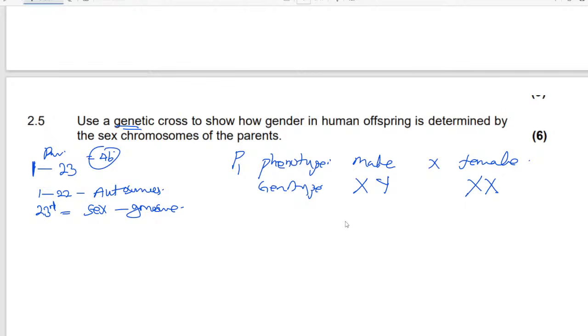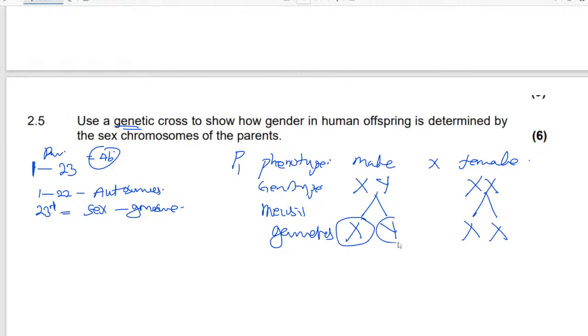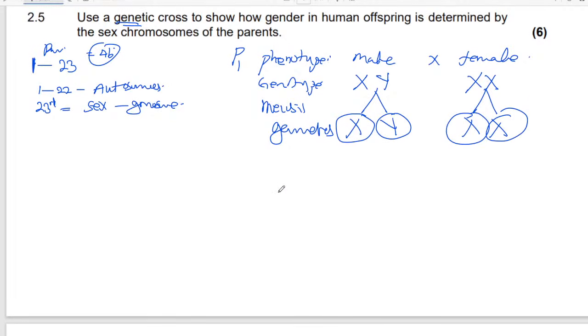Now what happens is meiosis. Meiosis is going to give X, Y, and X, X, and these are gametes. So we circle them. Even if you don't circle them, you still get a tick, but when you circle them, it shows that identity or separation.